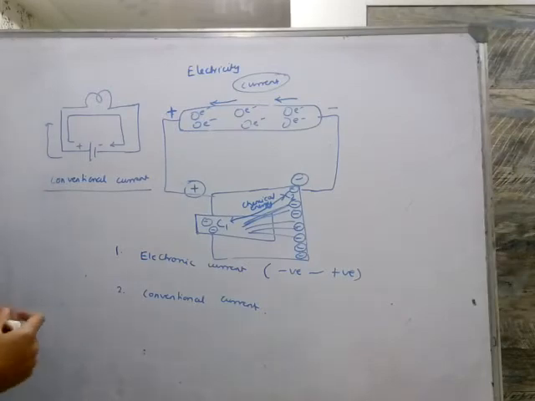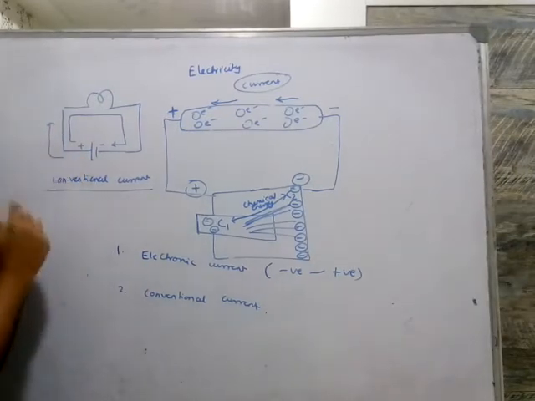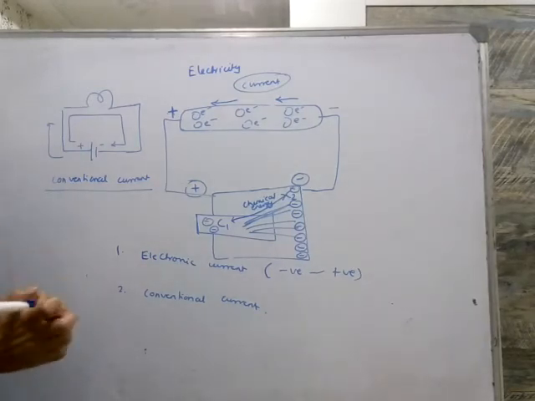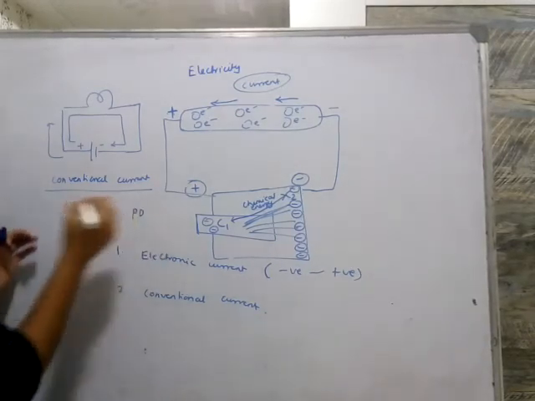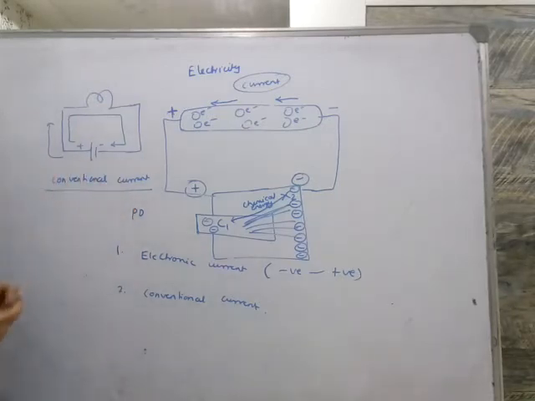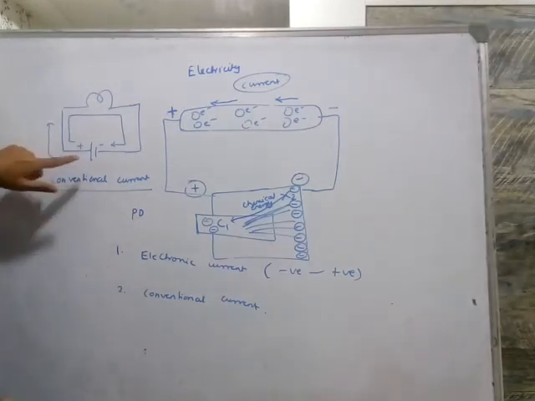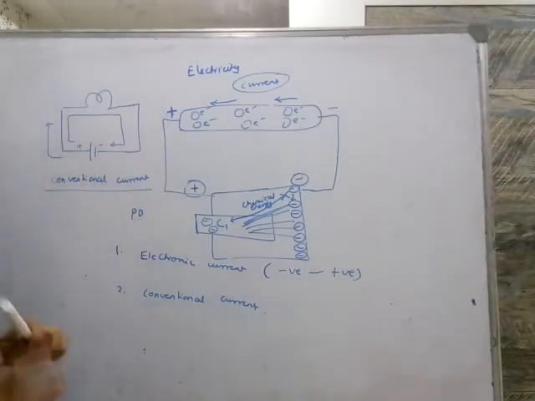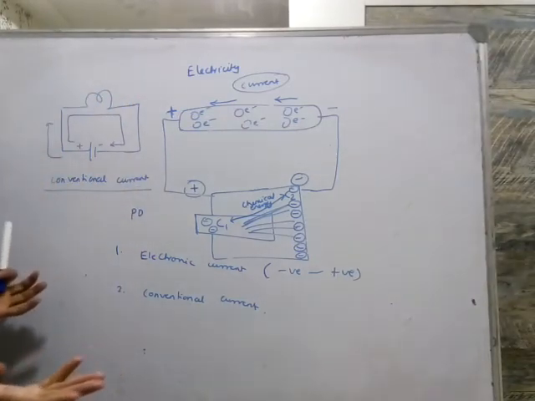So see the potential difference. Potential difference is also called PD. Because of this potential difference, the current flows. If there was no potential difference, there wouldn't have been any current.